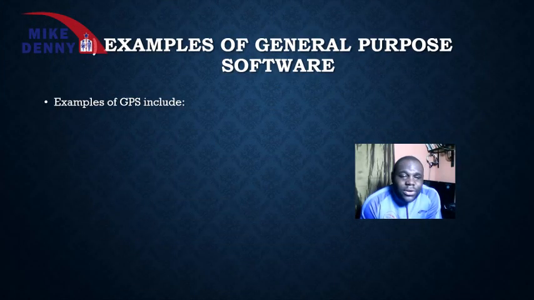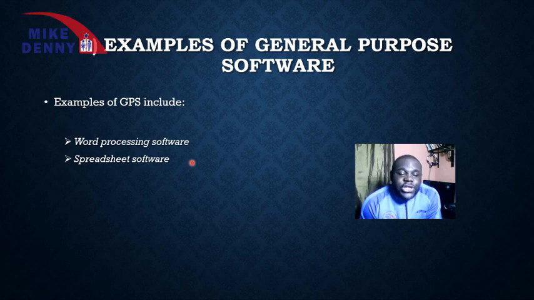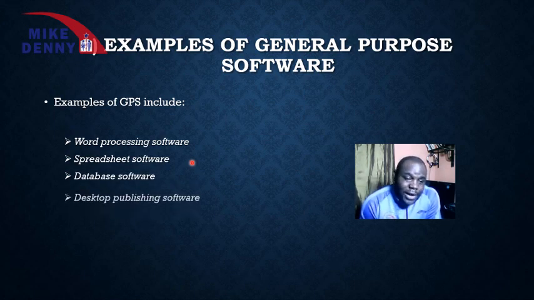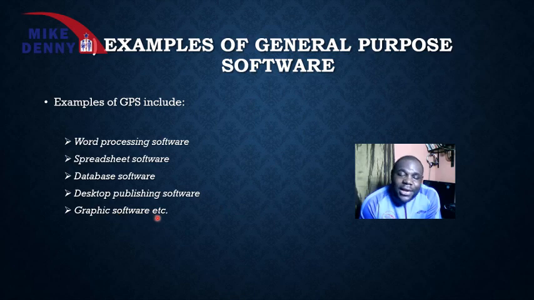Okay, let's talk about some examples of general purpose software. We have word processing software, spreadsheet software, database software, desktop publishing software, graphic software, etc. We have so many of them.